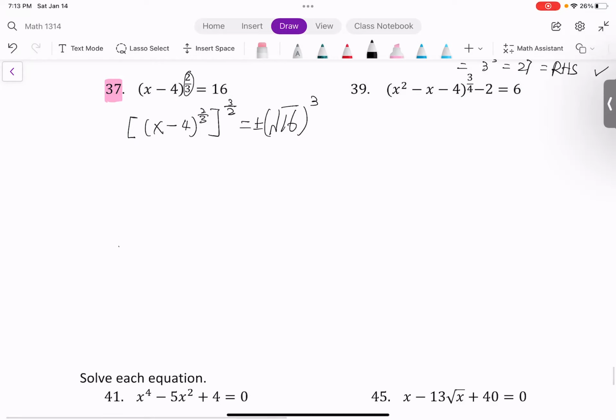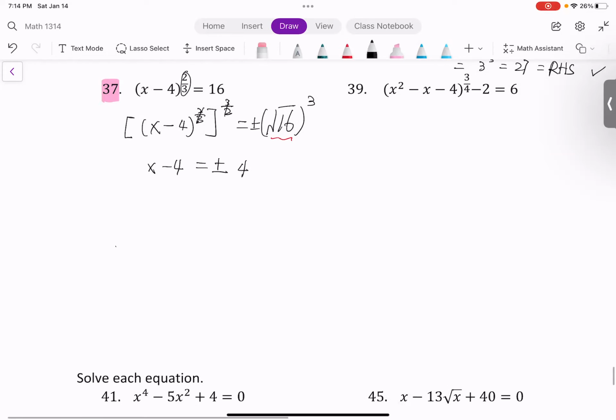So let's simplify the expression. I got 1 here on the power. So x minus 4 equals positive or negative square root of 16 in the parentheses, that's 4. So I have 4 cubed. X minus 4 equals positive or negative 64. We have two solutions.